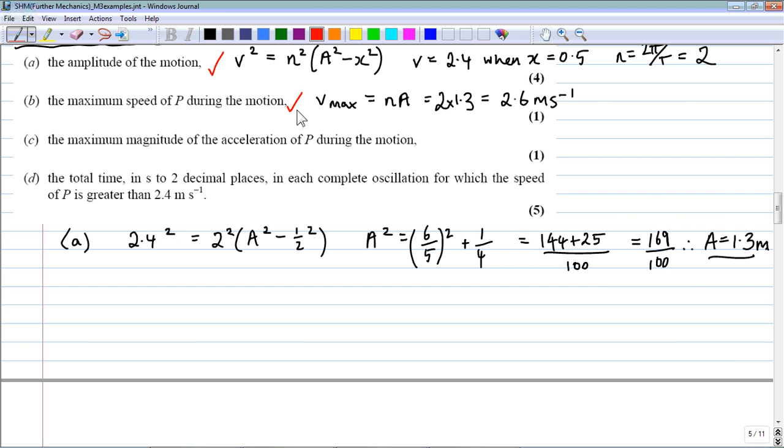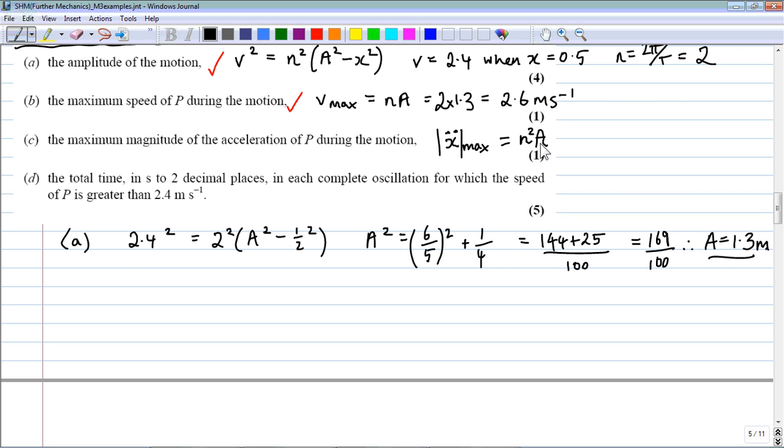Now let's find the maximum magnitude of the acceleration of P during the motion. Again, like all these steps, I showed you the right formula at the beginning. Maximum acceleration, let's say x double dot, maximum acceleration would be n squared, sorry, times the A. Based on x double dot equals minus n squared x.